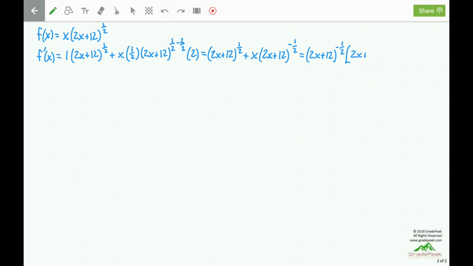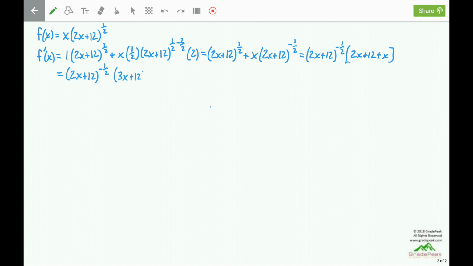So it'll be a 2x plus 12 plus x. So we have a 2x plus 12 to the negative 1/2 power. In the square brackets, we can combine like terms together. I'm going to turn it into parentheses now. 2x plus x is 3x.